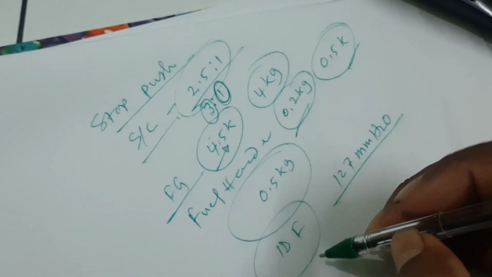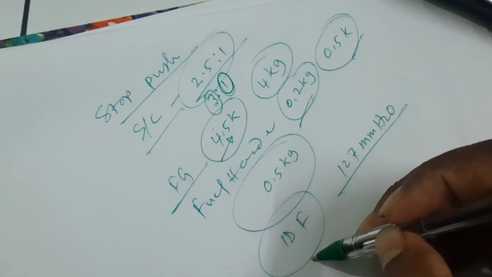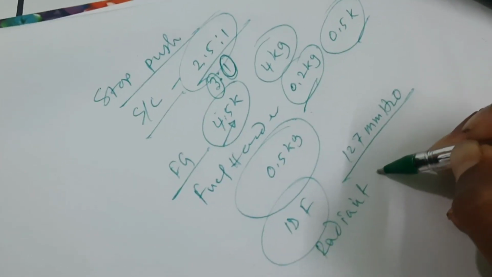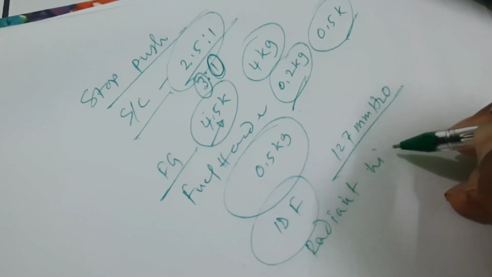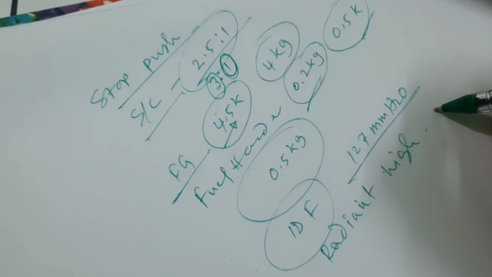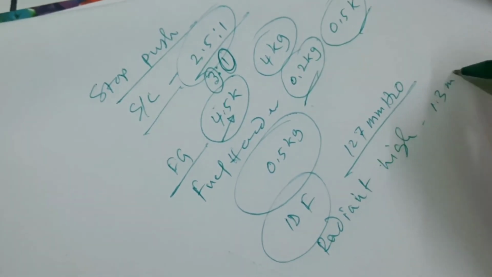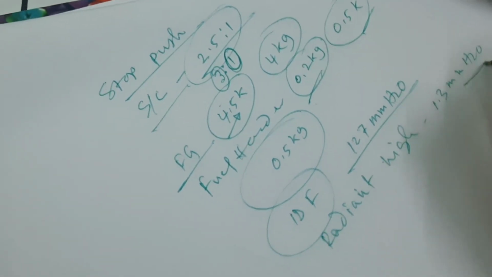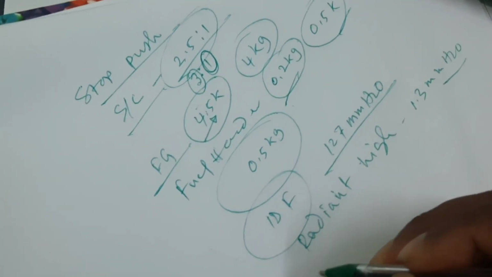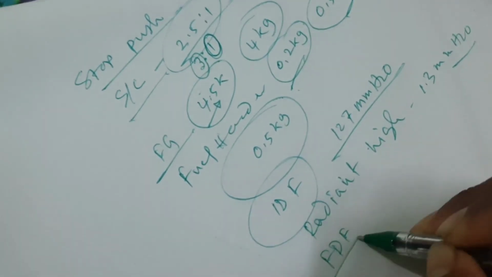If the radiant suction pressure on the primary reformer side is high, the primary reformer will also trip. This radiant suction pressure high is 1.3 millimeter of water. Another one is if FD fan discharge pressure is low. FD fan means forced draft fan.